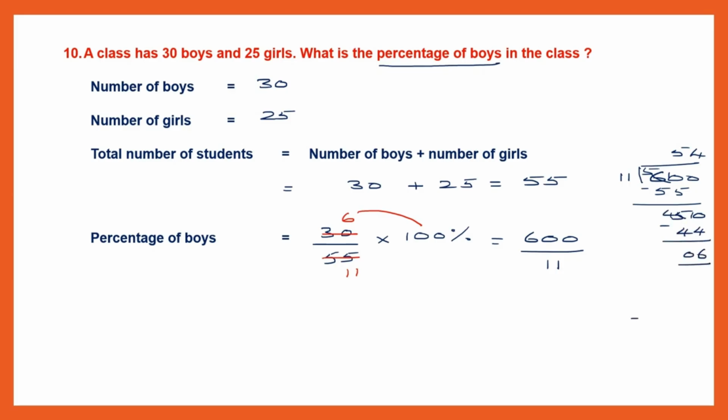So what is our mixed number? 54, 6 by 11. So the percentage of boys is 54, 6 by 11, and put the percentage sign. We have been asked to find the percentage of boys, and we have just found it to be 54, 6 by 11%.